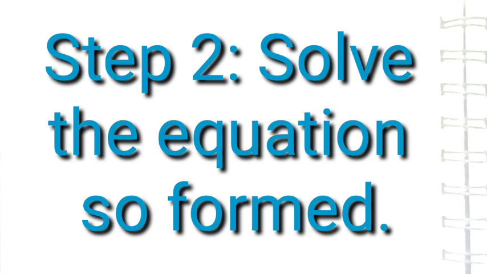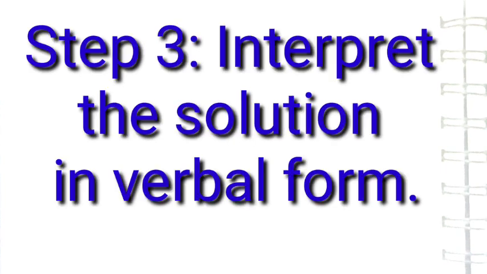Step 2, then solve the quadratic equation so formed. Step 3, after solving you are going to get the solution. Interpret the solution of the equation into verbal language, that is, write the final answer in words. This way you can solve the given word problem very easily.